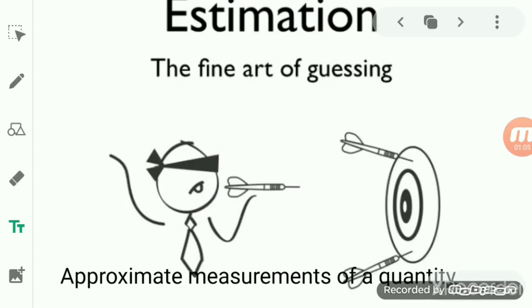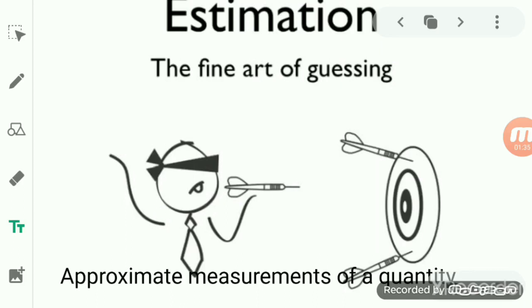Then the time interval required in launching a rocket or a satellite into space should be accurately measured, because that timing is also very important. That's why the objects and the material used for making the spacecraft should be accurate, otherwise it will cause danger.